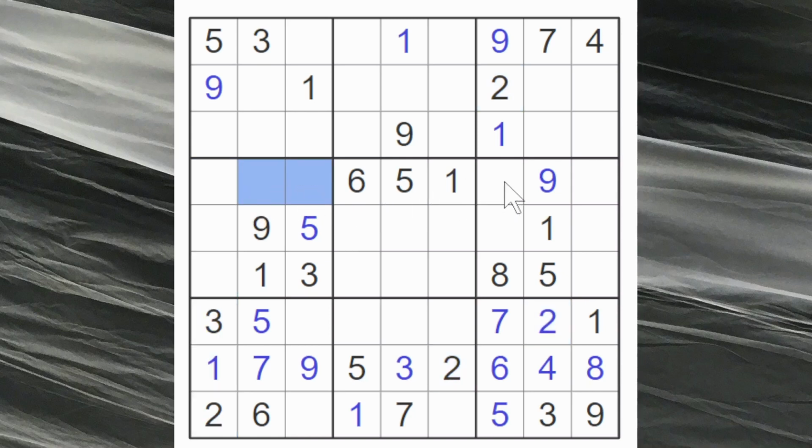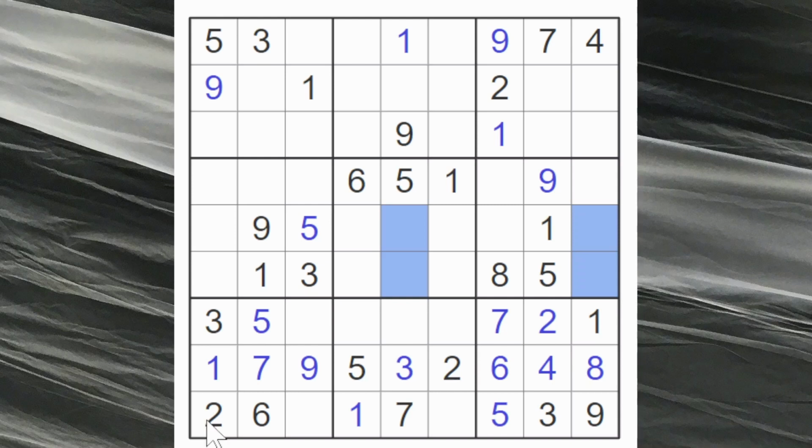And what does that do to us over here? It puts a 2 in one of these two squares, doesn't it? And we have a 2 blocking up here and the 2 blocking over here. One of these is a 2 and therefore one of these is a 2. Yes. So we got a 2 here and we got a 2 here. But it's not really solving anything.